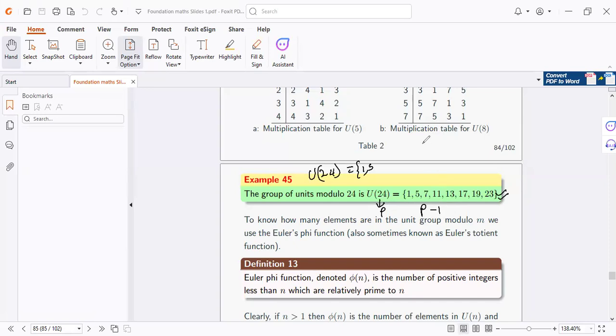For example, if p is 7, we just take 7 minus 1, and then say that these elements would be 6. But now this number here is not prime. How do we find out how many they are without listing? Because it can be a very huge number, like 1,000. You cannot list all of them, then count.